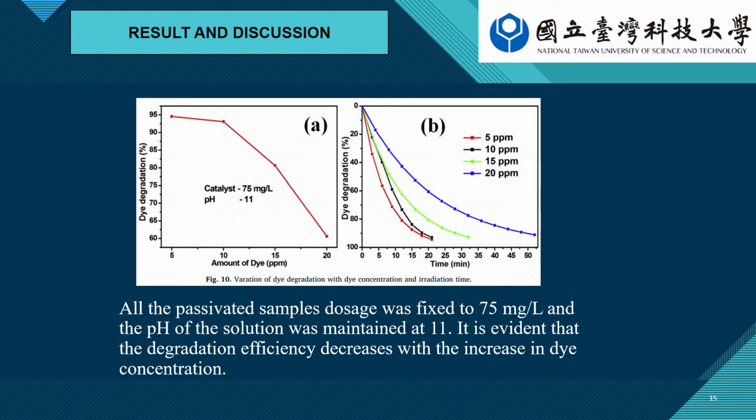The precipitated sample dosage was fixed at 75 mg per liter, and the pH of the solution was maintained at 11. It is evident that the degradation efficiency decreased with the increase in dye concentration.